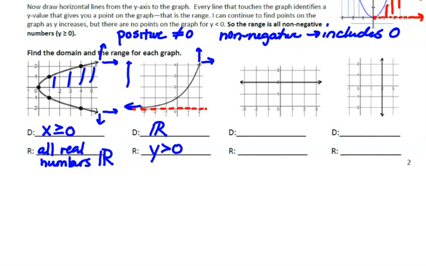Now these next two are kind of unusual, so I actually want to make a little table of values for this. Let's look at the x and y values for this first graph. Let's pick a few points here: 1, 2, 3, 4, 5 of these points. So we see the points (-2, 2), (-1, 2), (0, 2), (1, 2), and (2, 2).